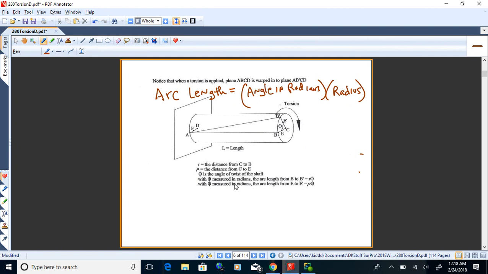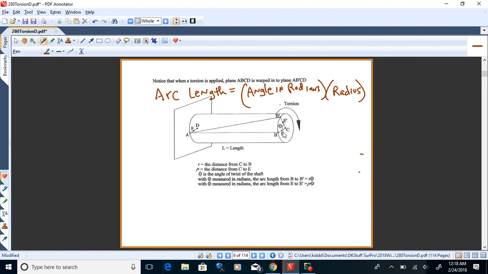And this phi angle in here, as B rolls up to B prime, that's the angle of twist in the shaft. Okay.